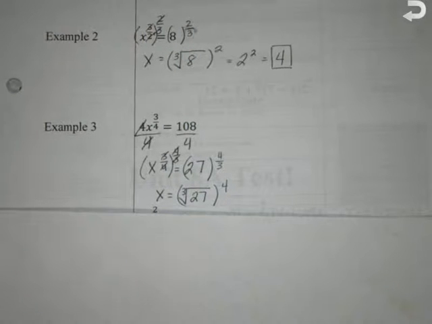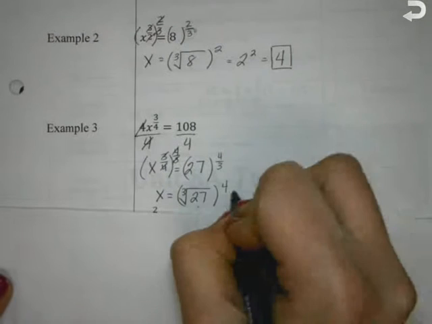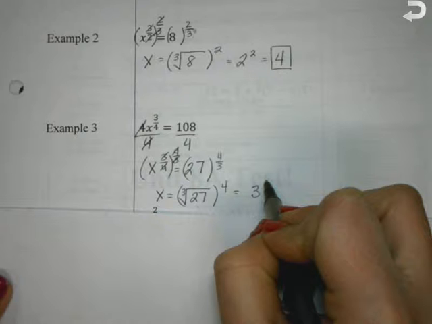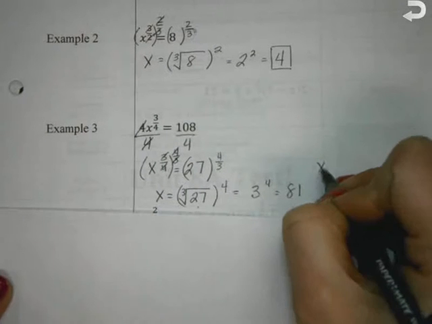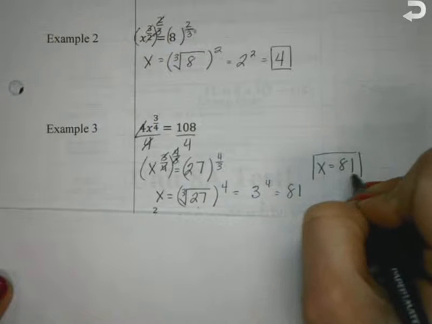Okay, cube root of 27 is 3, and 3 to the 4th power is 81. So x equals 81. Still feel good?